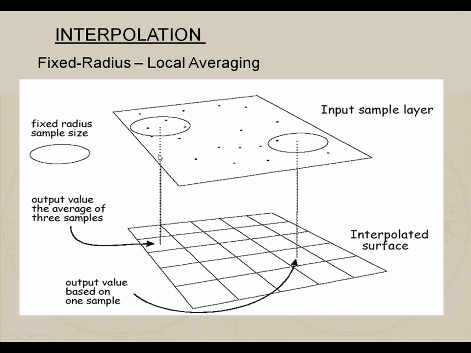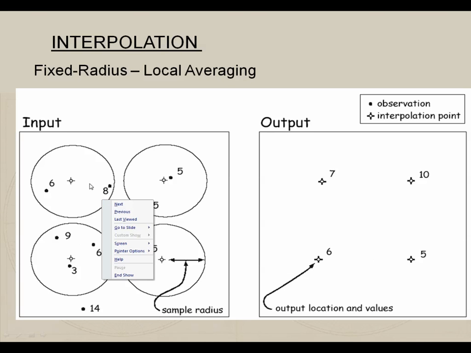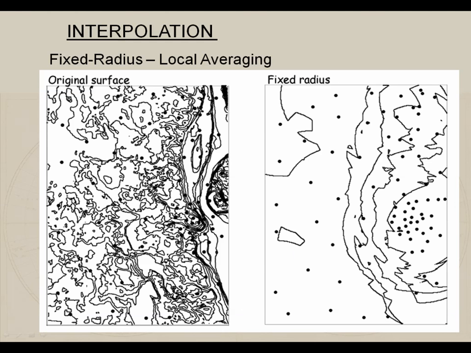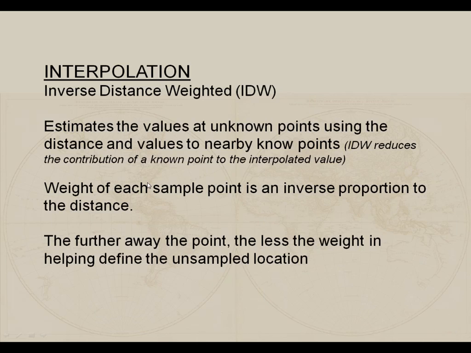So you would pass this circle across the entire area, averaging as you move along. So the 6 and the 8 are averaged to 7, the 9, the 3, the 6 are averaged to 6, the 5 is averaged to 5, the 15 and 5 is averaged to 10. So it's fairly simple to understand, but it's dependent on the radius of that circle. And here's an example of a fixed radius on our sample.